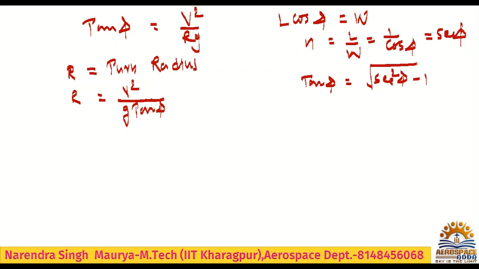Now you just keep this value here. Sec phi is nothing but n, so tan phi is the square root of n square minus 1.